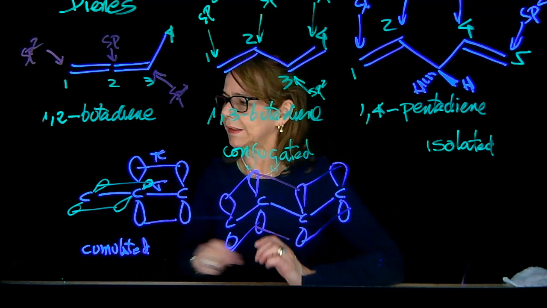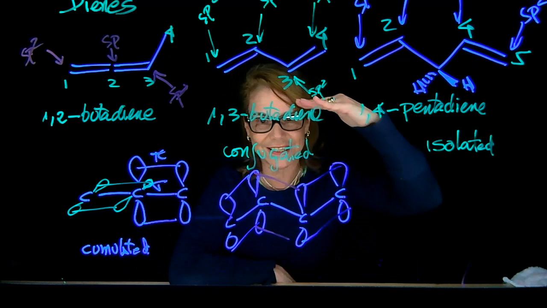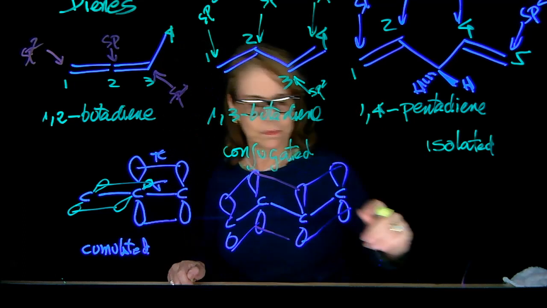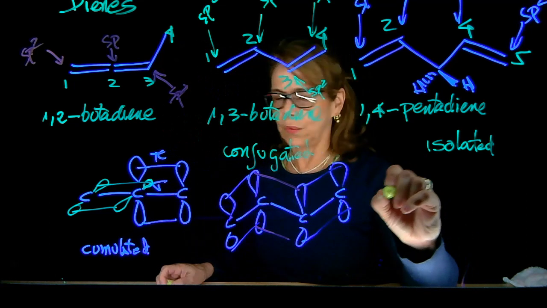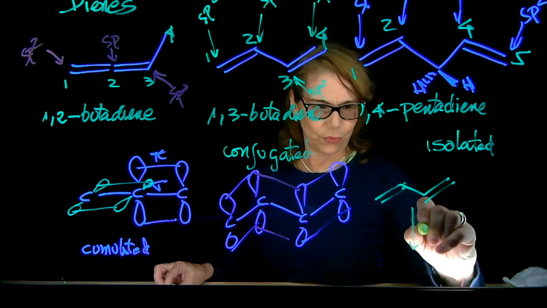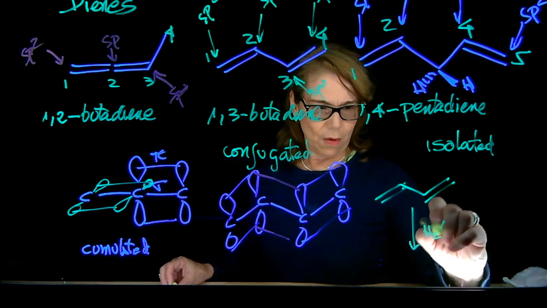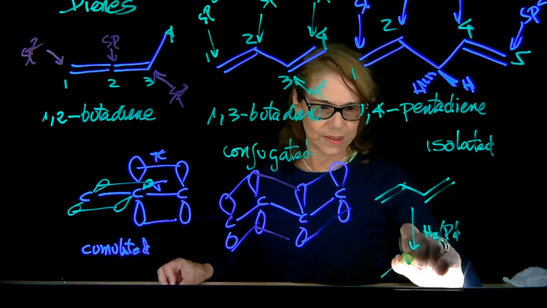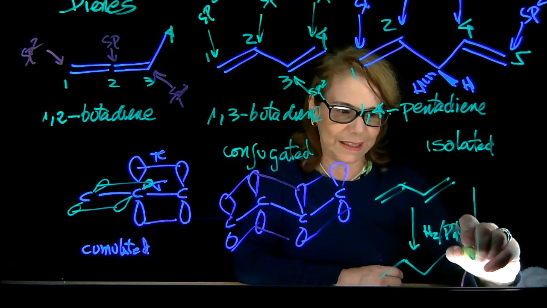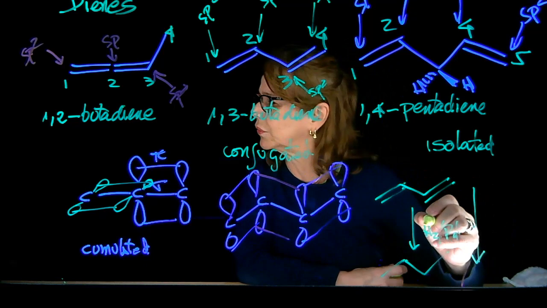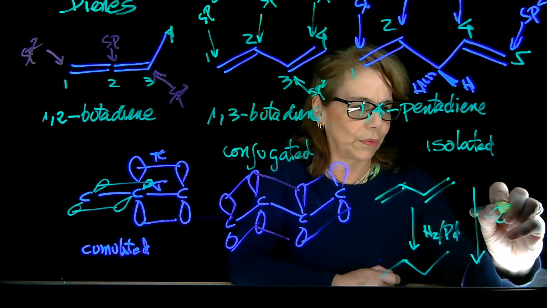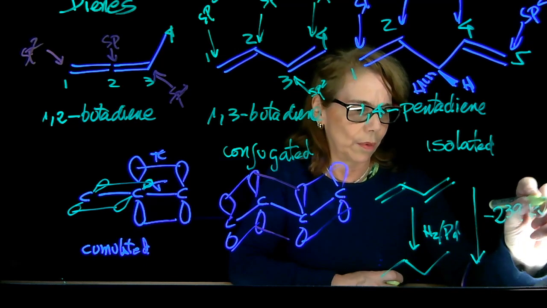Typically, let's say I do a hydrogenation reaction, and of course I'll be adding hydrogens across the double bond. There is a release of energy. The reaction is exothermic, and this is negative 239 kJ per mole.